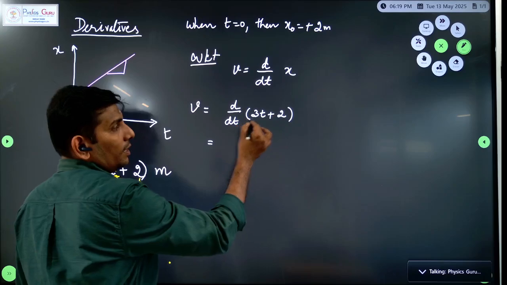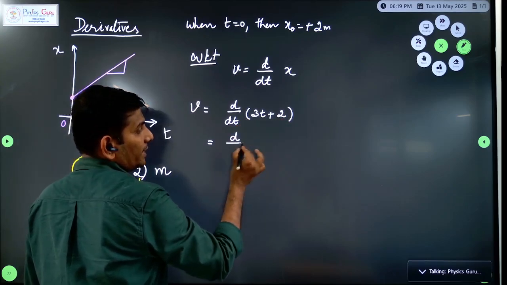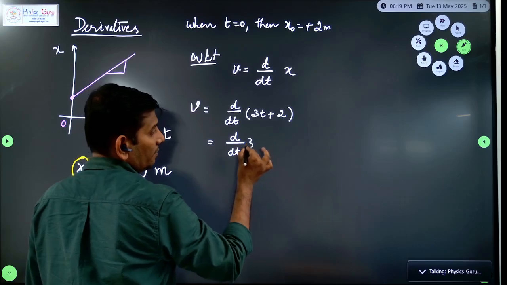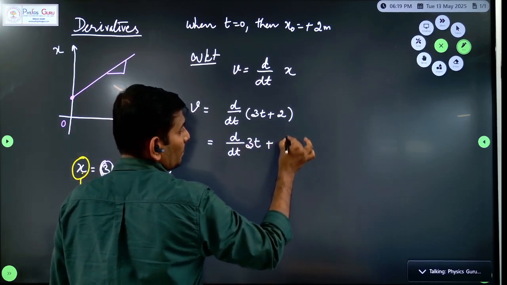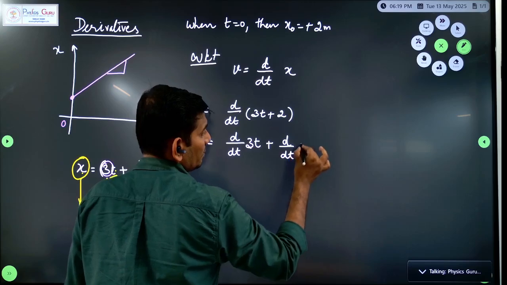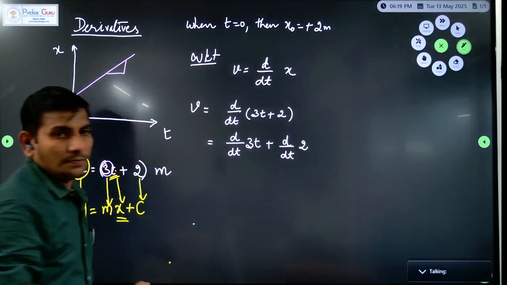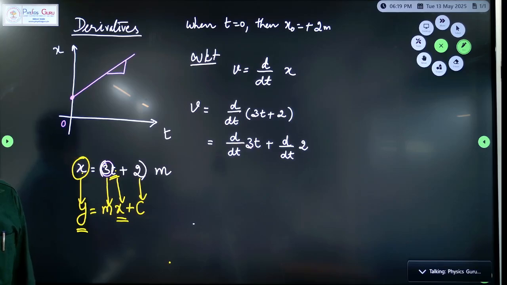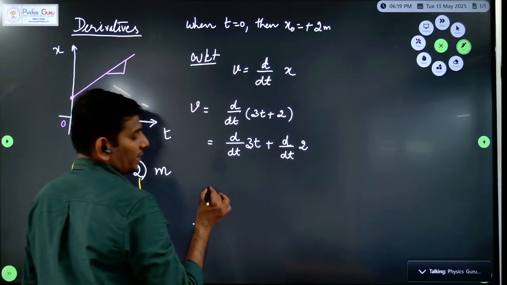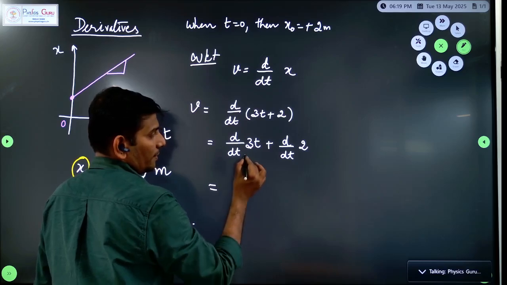So I am using the addition rule. Take it inside: d by dt of 3t plus d by dt of number 2. Correct? Now can I say what's the answer, sir?